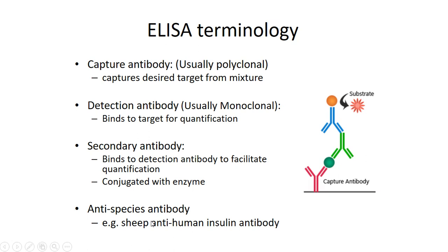In most cases, it'll be human. In the clinical setting, all antibodies will be directed against a human target in a clinical lab. And remember that the secondary antibody is always anti-human and it's always targeted at the Fc region. So the secondary antibody will always target the Fc region of the antibody.